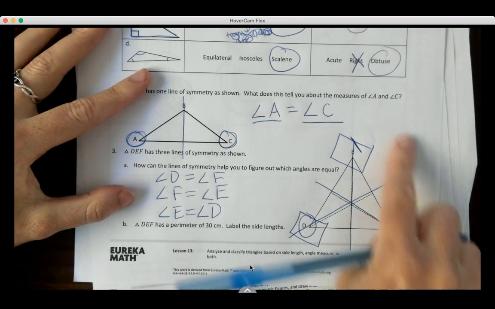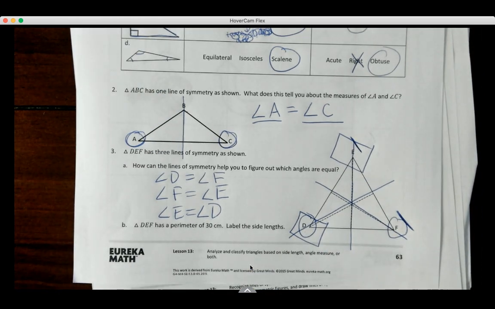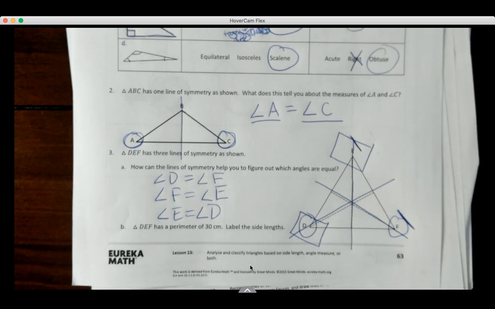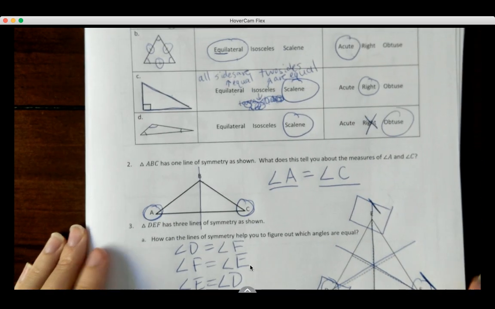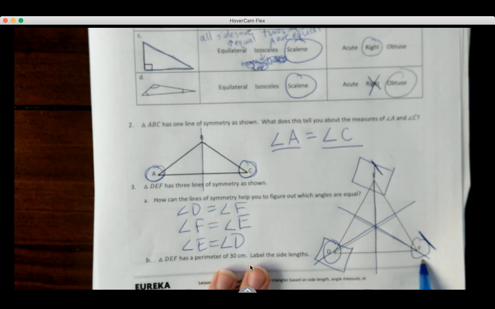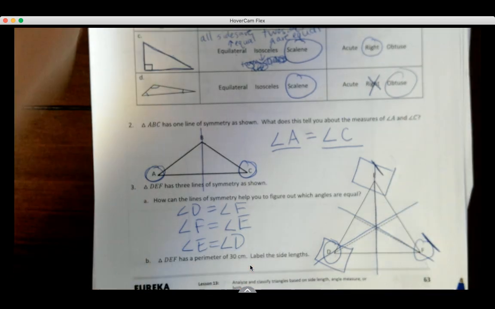So what does that mean about all the angles? Do they all equal each other? Yes, they do. D, E, and F equal each other. Now think about what type of triangle this is. If all angles are the same, what does that mean?